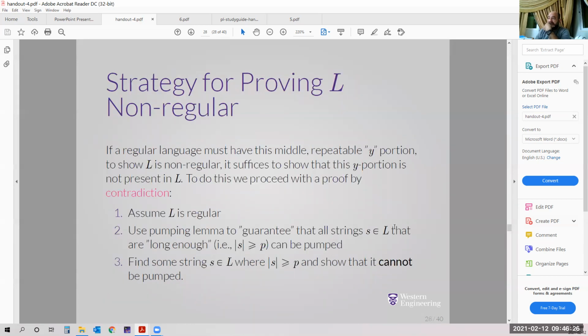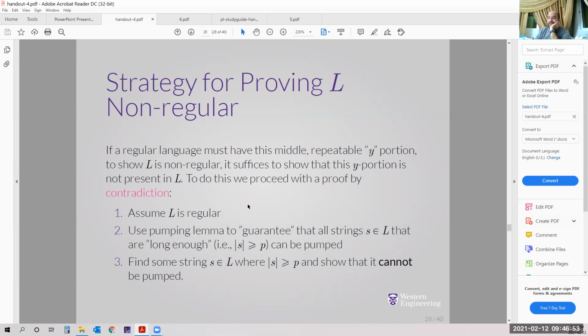Strategy for proving L non-regular. A regular language must have this middle repeatable Y portion, so to show L is non-regular, it suffices to show that this Y portion is not present in L. To do this, we proceed with a proof by contradiction. And if you press the link here, it will take you to the web page that talks about contradiction.